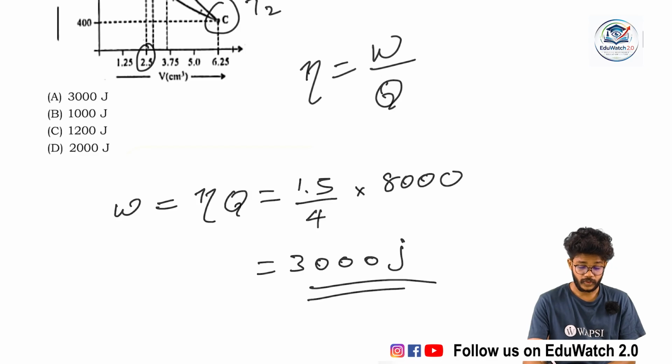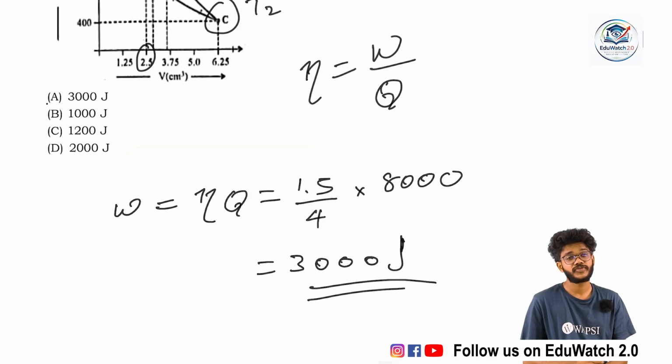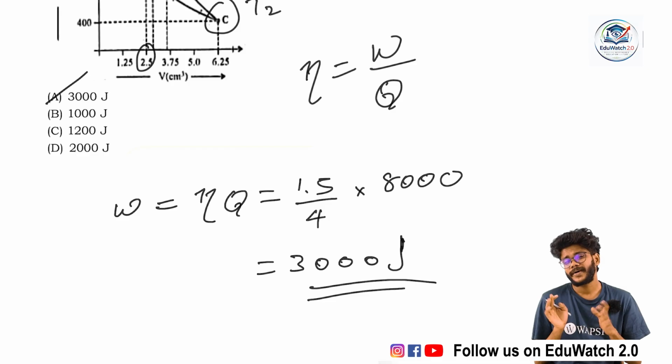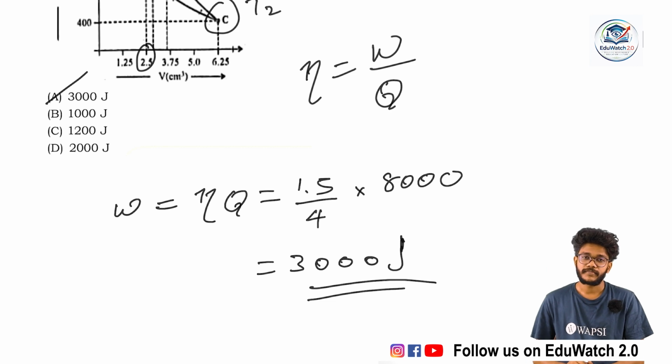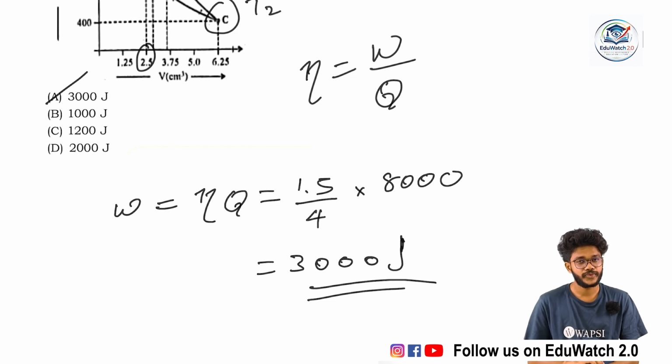Okay, so which option is the correct answer? Option A is the correct answer. What we need to focus on here is the two equations connecting the efficiency eta. Eta is equal to work by Q, where Q is the energy, the heat Q1 given to the system.